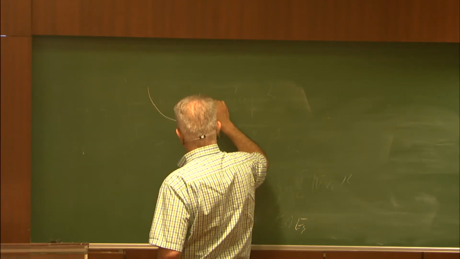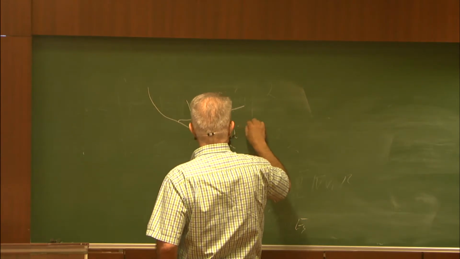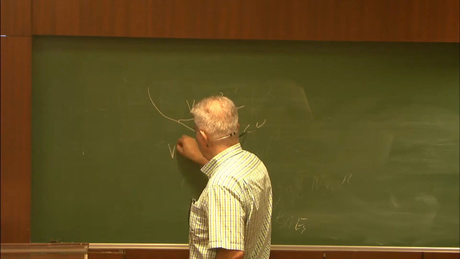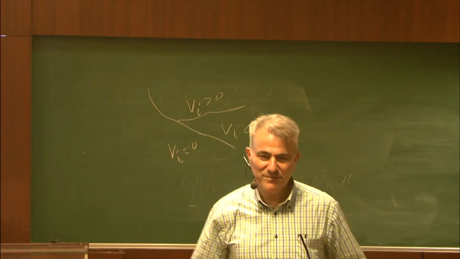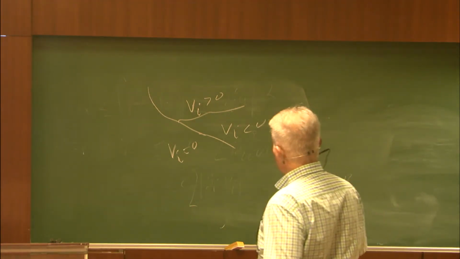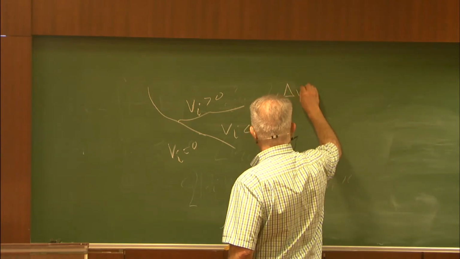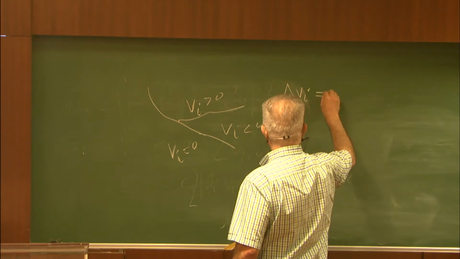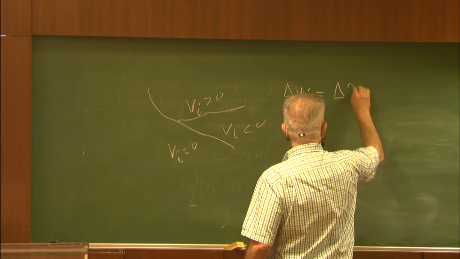So VI is positive here. Let's say VI is negative here and VI maybe is 0 here. I'm giving you a very good picture. It's not necessarily so. And then I'm looking at, and I know that Laplacian of VI is 0.